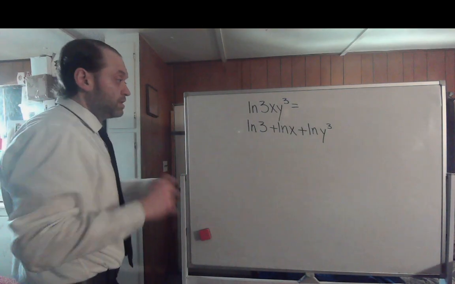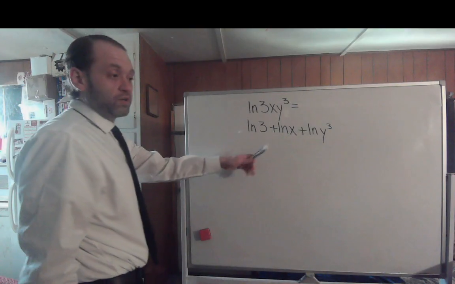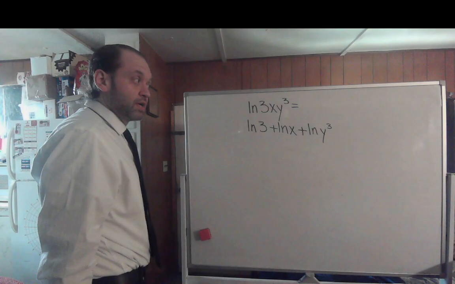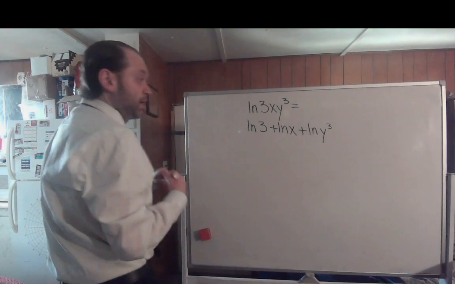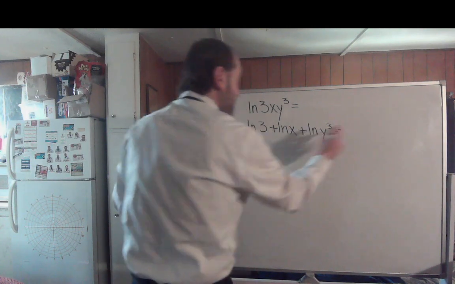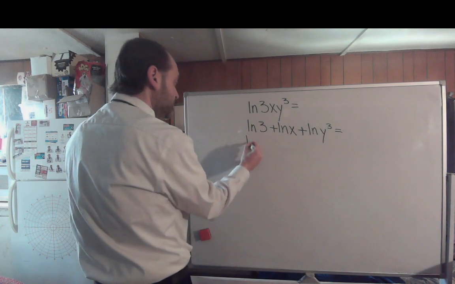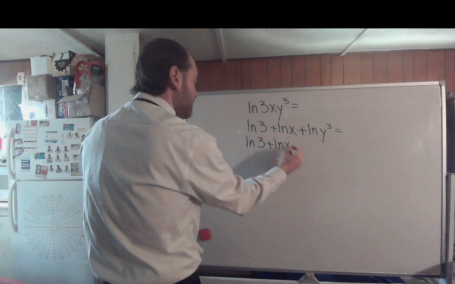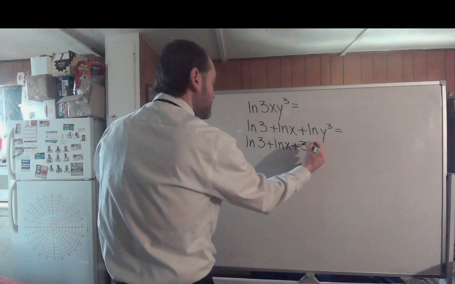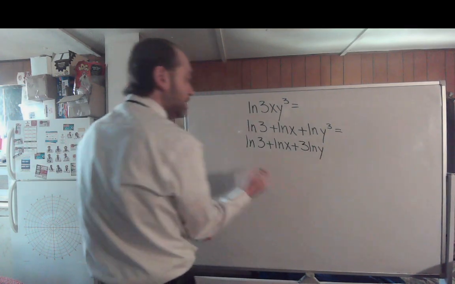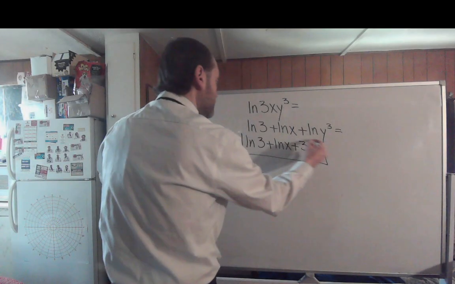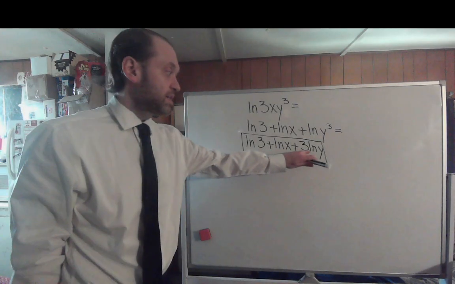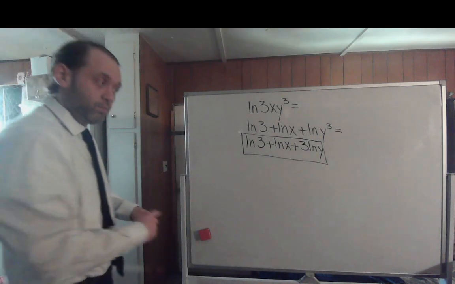Well, ln of 3 and ln of x are the best we can do already, but what about that ln of y to the third? Here you have a power property, so you can bring that power down front of the ln of y, so this would turn into the ln of 3 plus the ln of x plus 3 times the ln of y. And that's the absolute best we could do. You get the natural log of 3 plus the natural log of x plus 3 times the natural log of y.